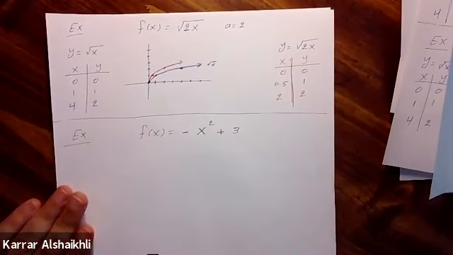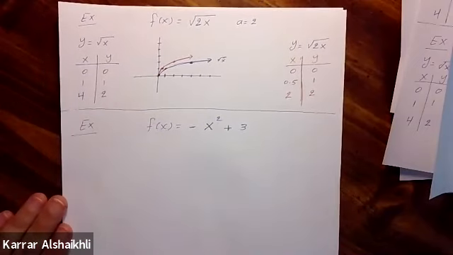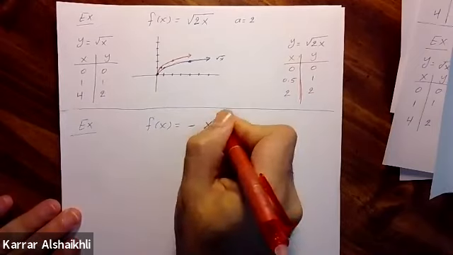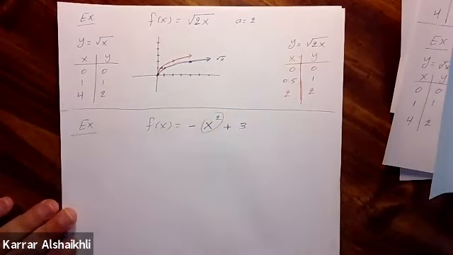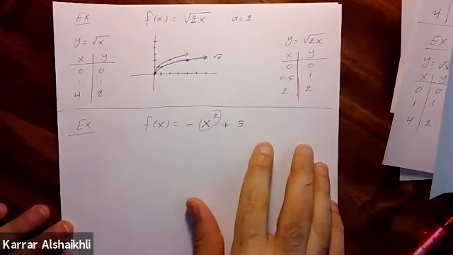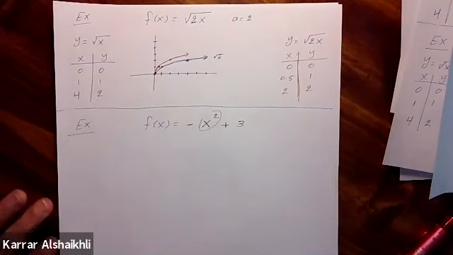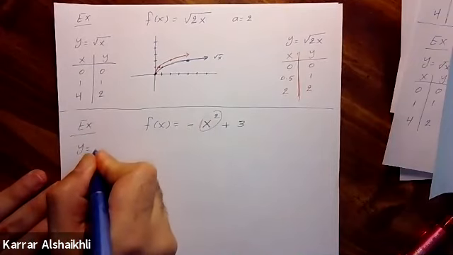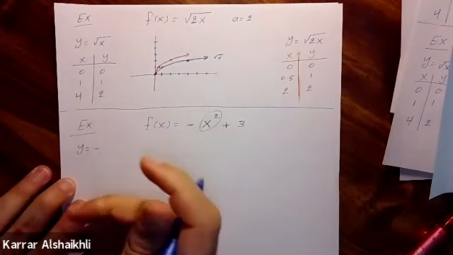Now we have to do two techniques. Always I'm going to depend on the parent function. My parent function is x squared. So let's grab the x squared here. Then we're going to do the techniques here and here. So I'm going to say y equals negative, so just the x squared.